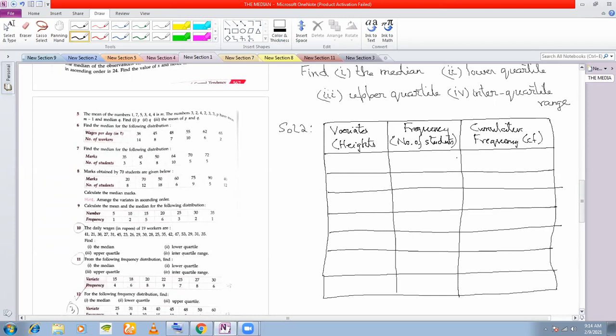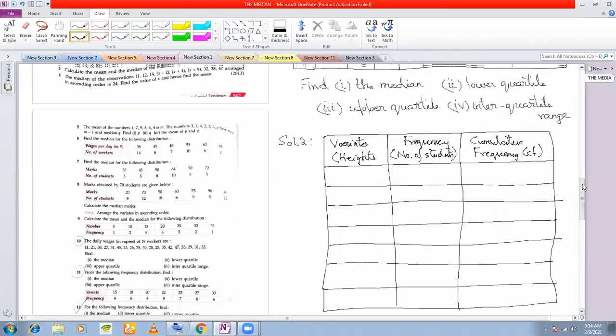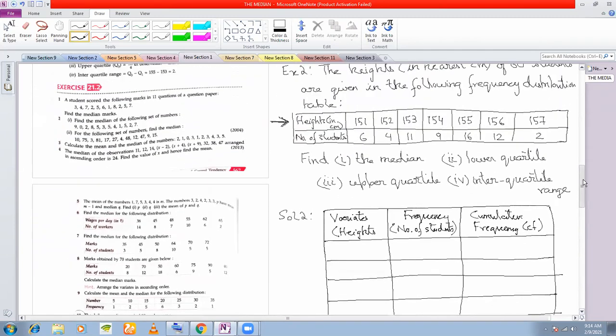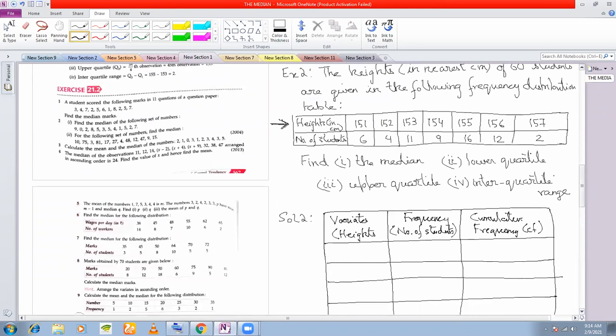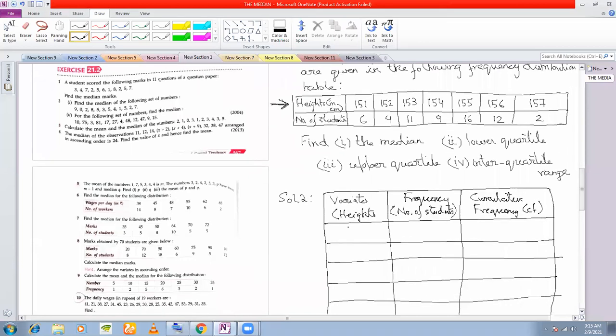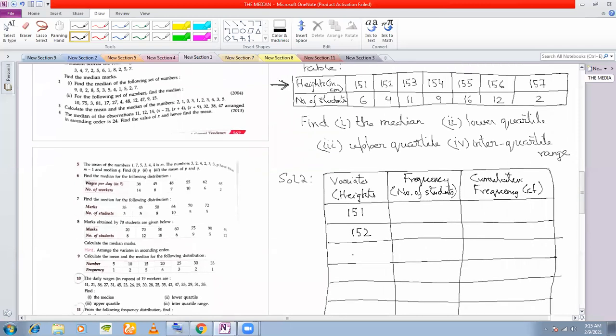CF, cumulative frequency. Do you know there are 2 types of cumulative frequencies? Anyone can tell me what are the 2 types? There are two types actually, but mostly we don't name it so that people don't get confused. We have the less than type cumulative frequency and we have the more than type cumulative frequency.